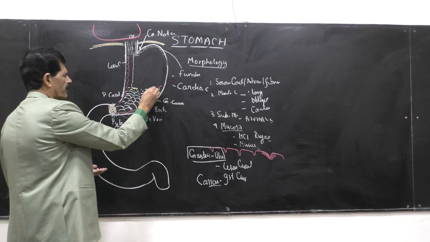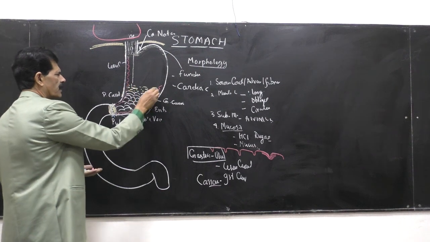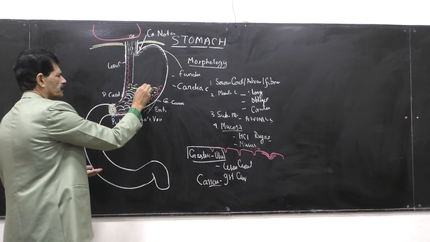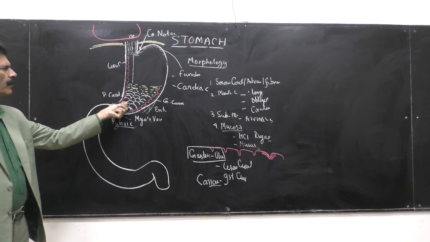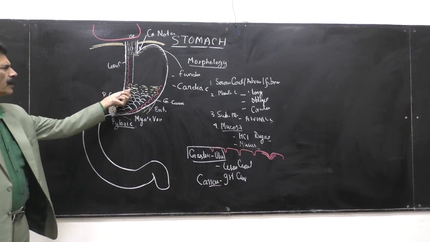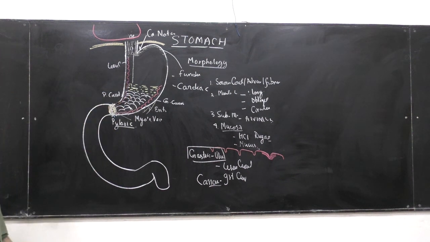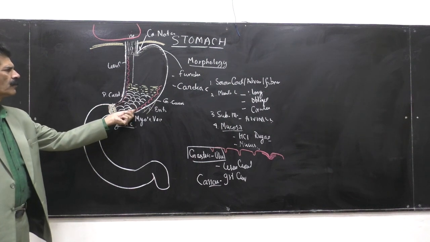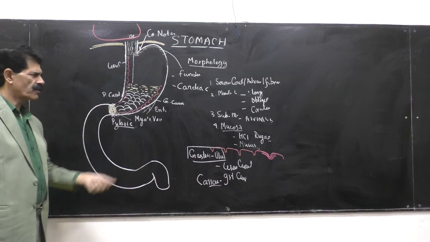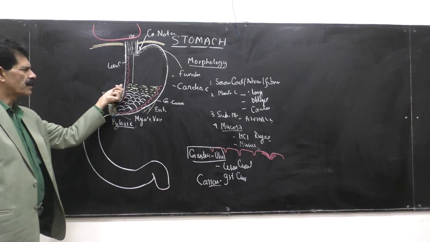It goes up and up. And this mucosa is exposed to the HCl with the food and without the food. So the lesser curvature has more exposure to the HCl as compared to the greater curvature, because the greater curvature mucosa is very large. So ulcer is common near the lesser curvature.